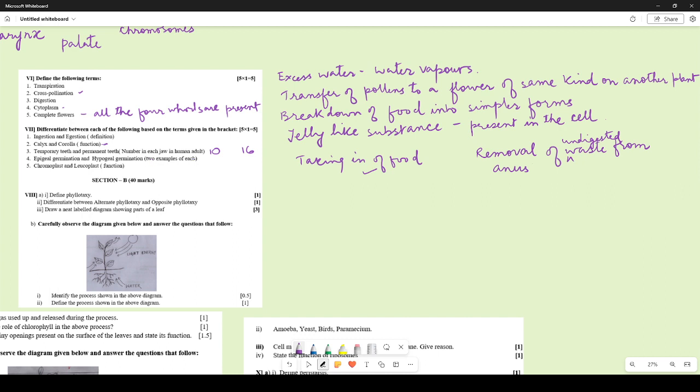Two examples of each was there, or if it was position of the cotyledon, then in epigeal germination it remains outside. In hypogeal germination it remains inside. If it is 2 examples of each, then you mention the 2 examples: in which plants does epigeal germination take place and in which plant the hypogeal germination takes place.